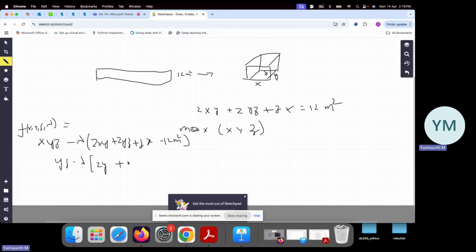We get the partial derivatives: yz minus lambda times (y plus z) is 0, and xz minus lambda times (2z plus y) equal to 0, and xy minus lambda times (x plus 2y) equal to 0.